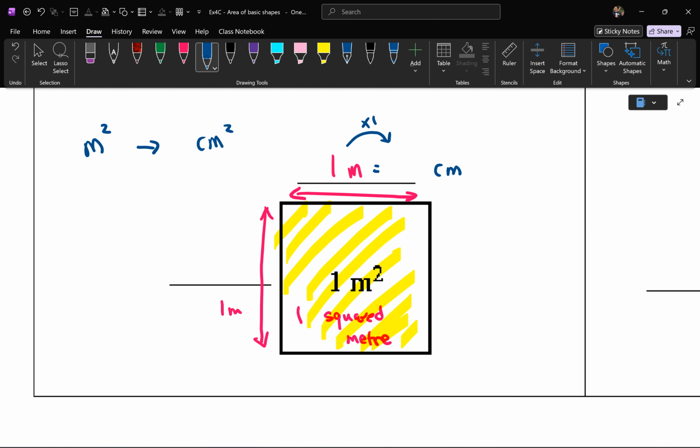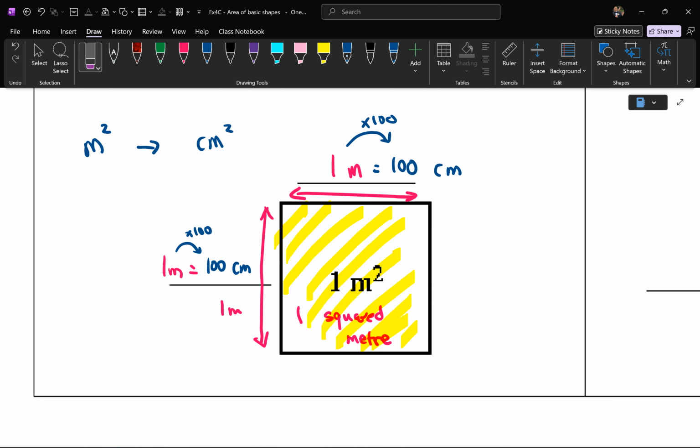So you need to times this by 100 for this length. But then if you times this side, this is 1 meter as well, then because it's 2 dimensions, you actually end up doing it twice. You would actually end up timesing by 100 twice to get centimeters.